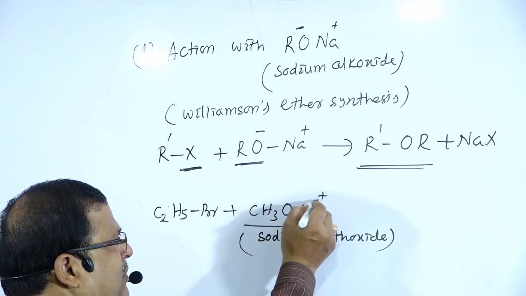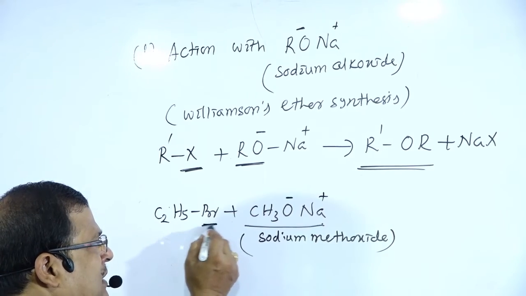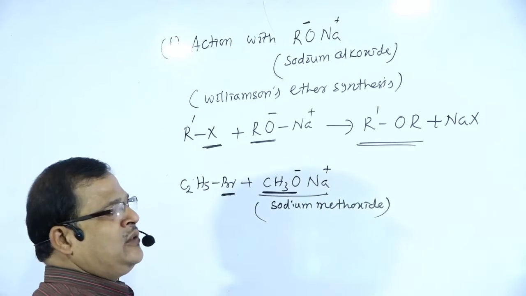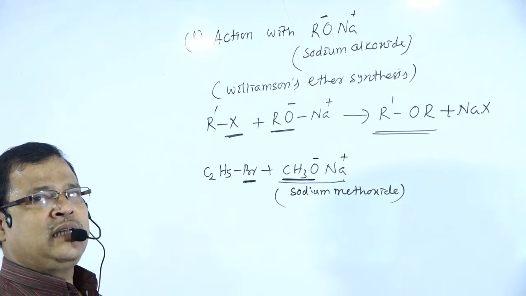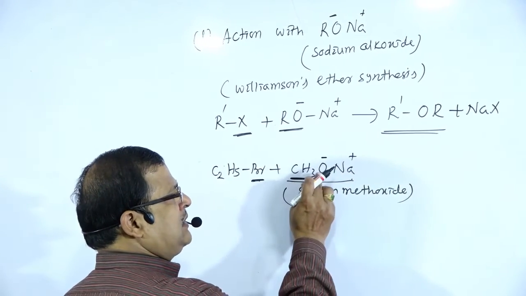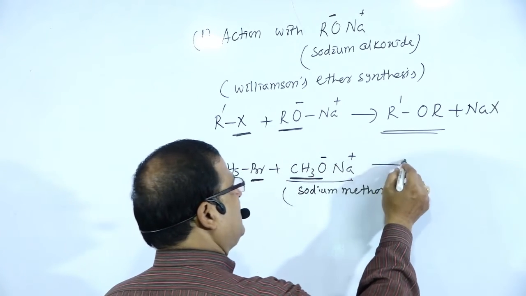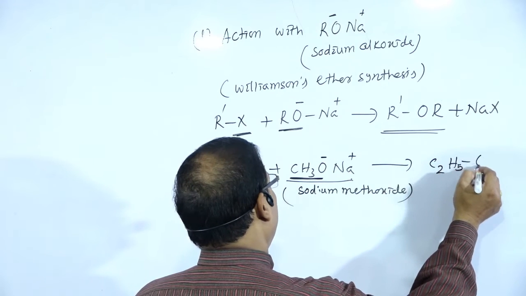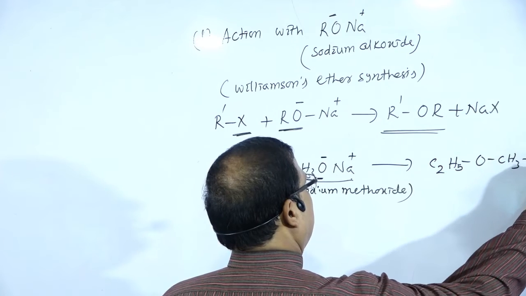In this case, Na plus CH3O minus. The bromine gets replaced by the nucleophile CH3O minus, the methoxide ion, a strong nucleophile. So there is the formation of C2H5-O-CH3 plus NaBr.